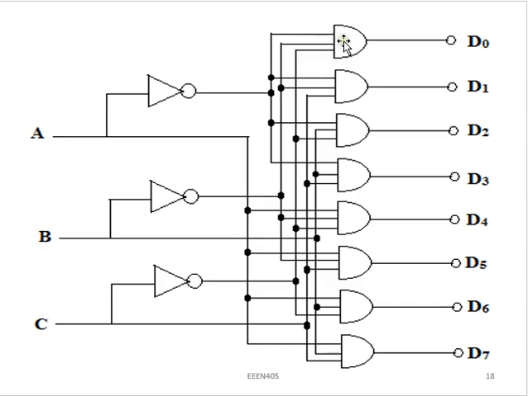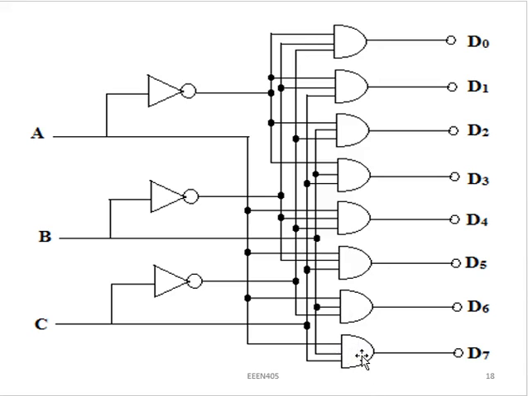This is the AND gate for D0, and I know A, B, and C, all of them need to be 0. So I'll take A, pass it through an inverter, deliver it to this gate. Take B, pass it through an inverter, deliver it to this gate, and take C, pass it through an inverter, and deliver it to the same gate. So I have 0, 0, 0 for A, B, and C, and that is equivalent to when my D0 is high. And you continue like that until you come to the last one, D7.